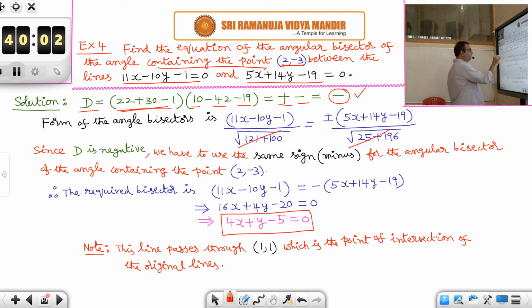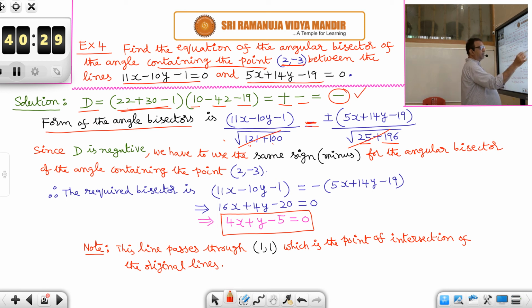But which form? The form of the angular bisectors: one line on the left side, one line on the right side, with the sign in between. This is the form. 11x minus 10y minus 1 by root of 11 square 121 plus 10 square 100, equals plus or minus 5x plus 14y minus 19 by root of 5 square 25 plus 14 square 196.